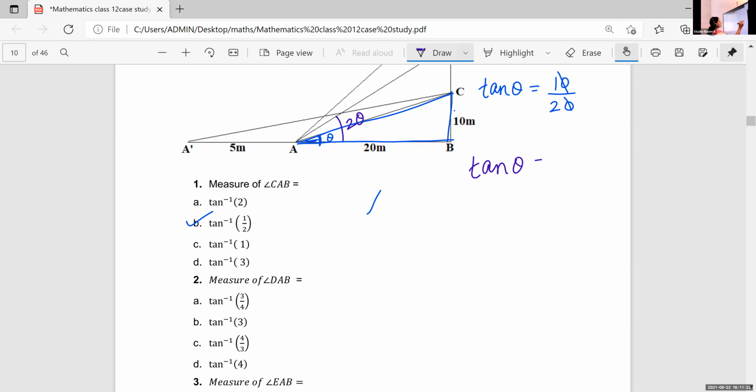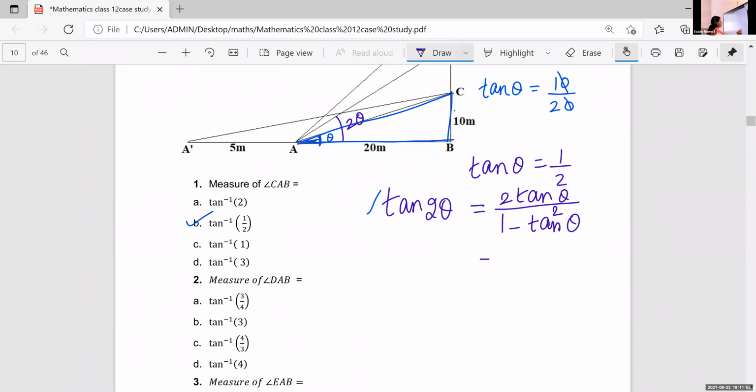We want to find double of this. That means it is tan 2 theta. What is the formula we know for tan 2A in terms of tan? Tan 2 theta is 2 tan theta by 1 minus tan square theta.